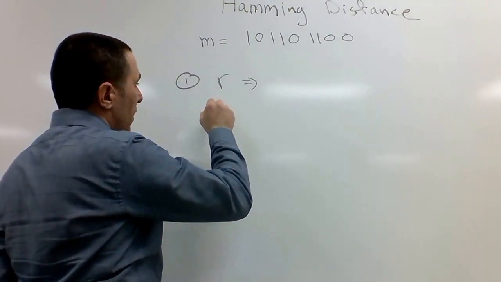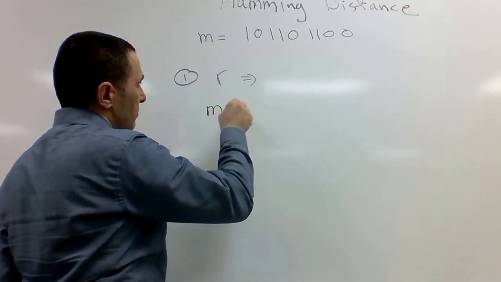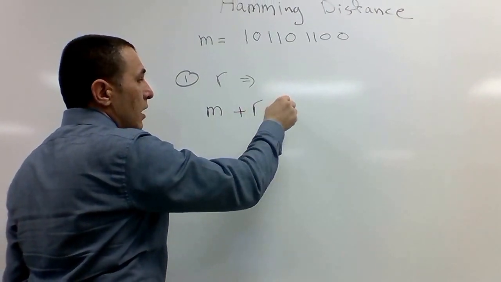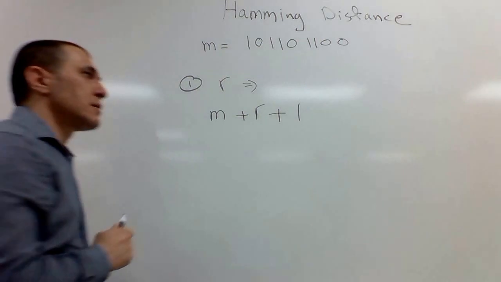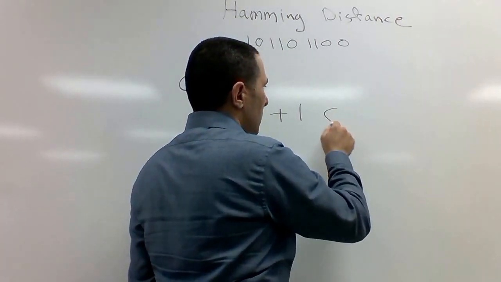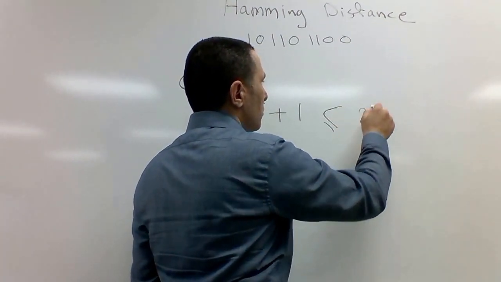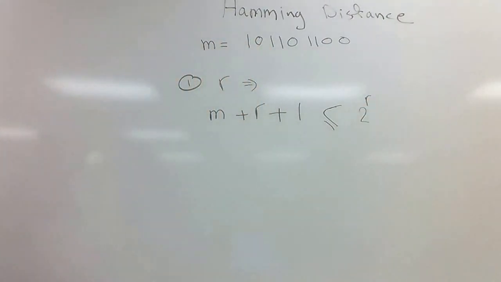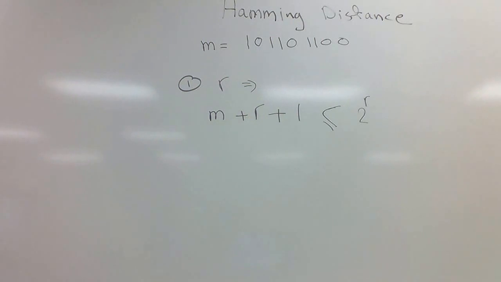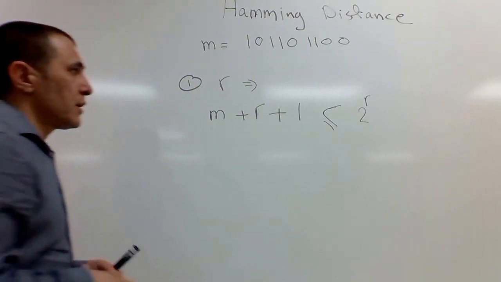How do I find R? M plus R plus 1 has to be less than or equal to 2 to the power R. Sometimes they call R the syndrome. You might find it called syndrome in other books.